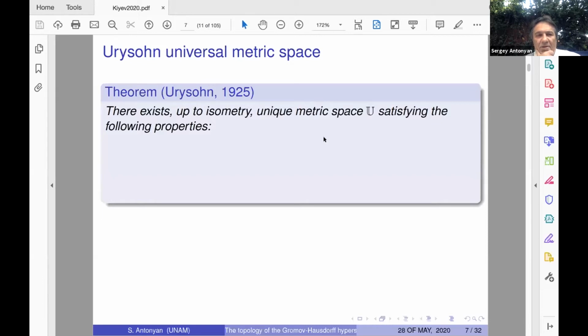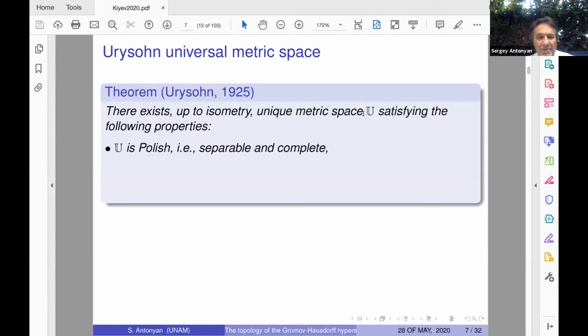And let me recall the notion of the Urysohn universal metric space. In 1925, Paul Urysohn proved the following remarkable result. He proved that there exists, up to isometry, a unique metric space U satisfying the following properties. First, U is Polish.